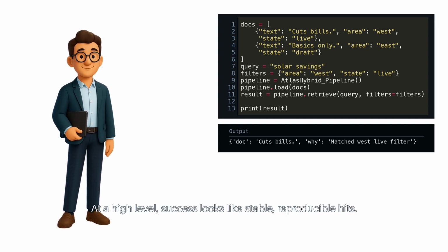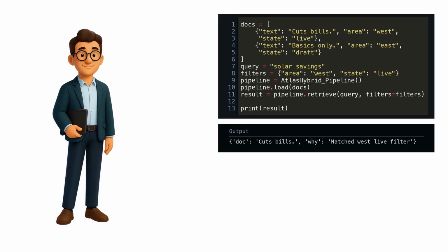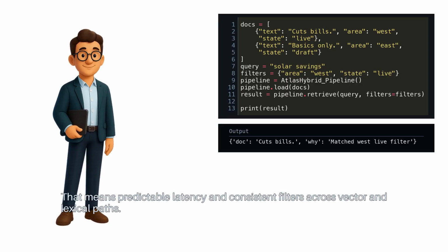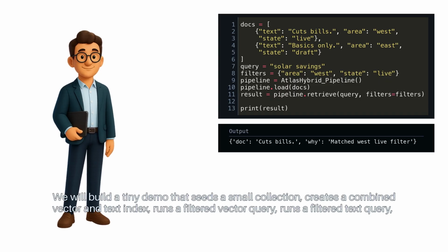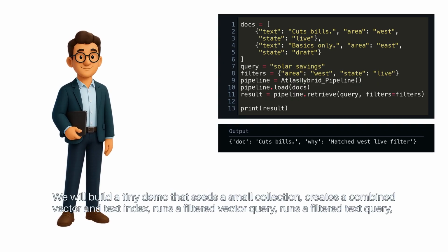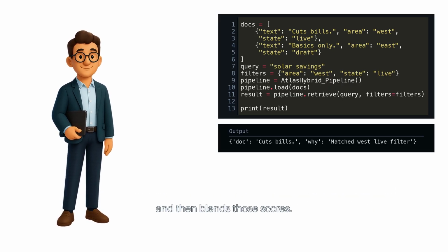At a high level, success looks like stable, reproducible hits. That means predictable latency and consistent filters across vector and lexical paths. We will build a tiny demo that seeds a small collection, creates a combined vector and text index, runs a filtered vector query, runs a filtered text query, and then blends those scores.